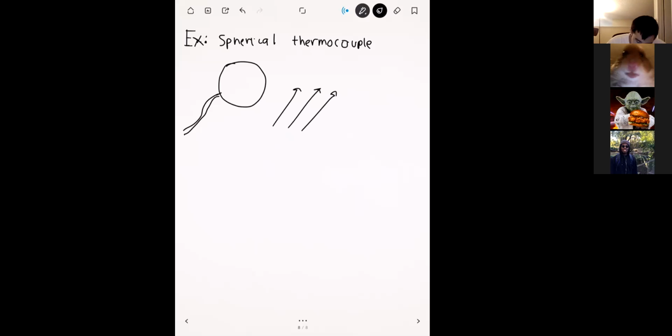Let's say out here we have a hot gas with these properties: the gas temperature is 200 degrees C, and its h is 400 watts per meter squared K.